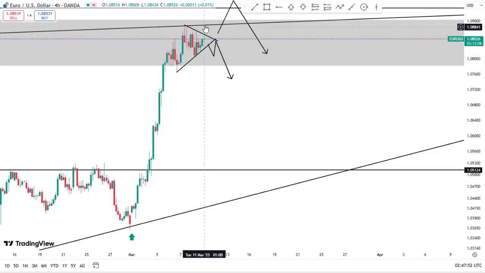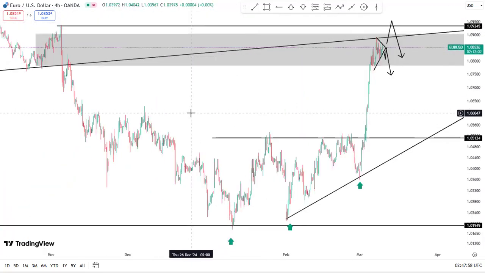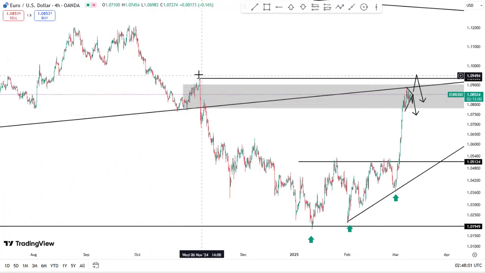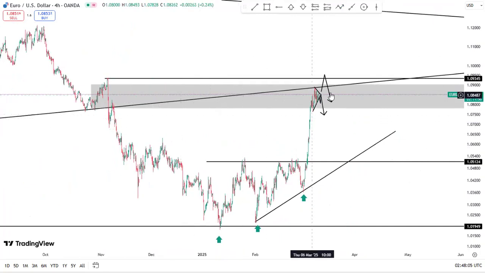If they break this trend line, they'll come back and test it, and then they'll push up to that resistance up there. You can see it's very much fresh. This is the resistance we had, very much fresh. It was not tested for the second time, so they can push up to that resistance, and then they come down.